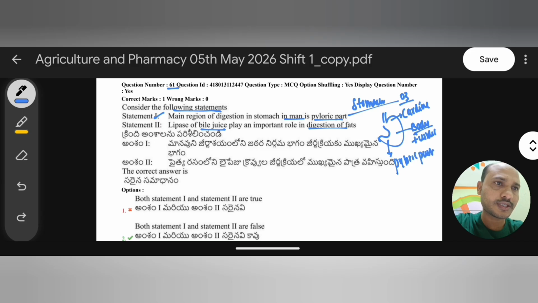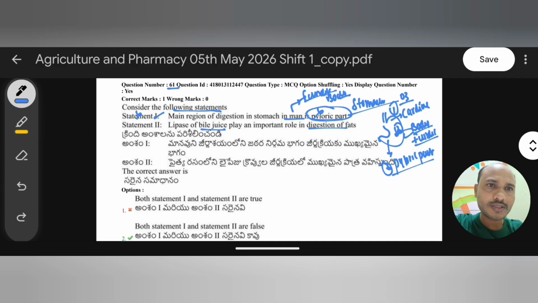So in the stomach there are three important parts: cardiac, fundic body, and the third one, the pyloric part. Generally the main region of digestion in the stomach occurs at the fundic part. Here only main digestion will occur, not in the pyloric part. So the fundic or body part only is where the main digestion in the stomach occurs. So this statement is wrong.